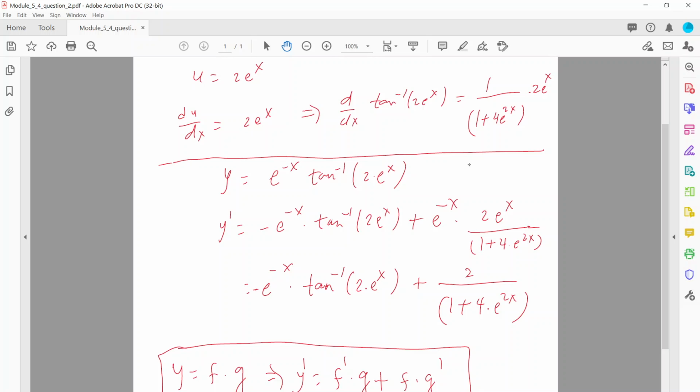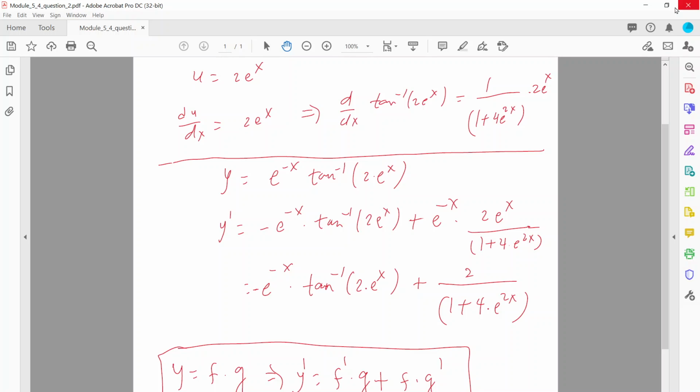So the derivative of y is the derivative of the first function, which is negative e to the power negative x, times this one, plus the function times the derivative of this part, which we already found, that is 2 times e to the power x over 1 plus 4 times e to the power 2x. So here we cannot do anything, this is already simplified, but here there is e to the power negative x and e to the power x. If you simplify this, they will cancel out, so you get 2 over 1 plus 4 times e to the power 2x. So this is the derivative of y.